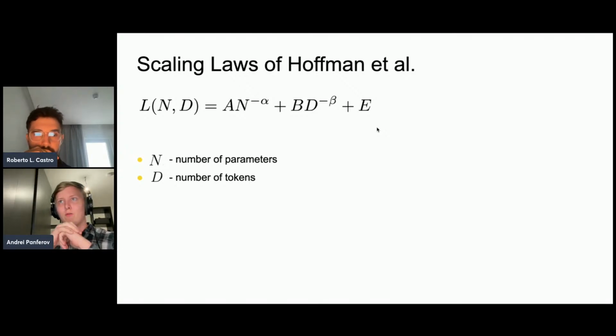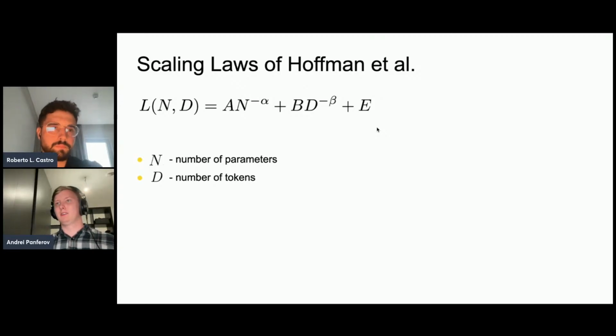is the scaling law of Hoffmann and co-authors, where they predicted the validation loss as a function of model parameter count and the number of tokens it's been trained on, where they utilized a form that decoupled the parameter count of the model term from the data term.